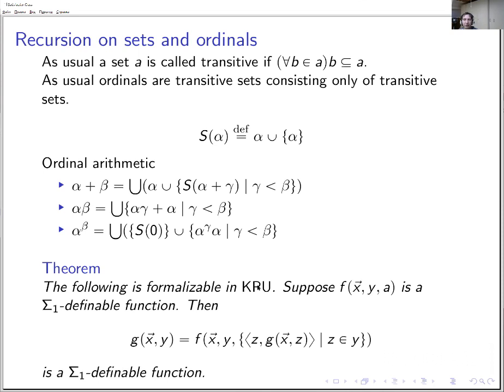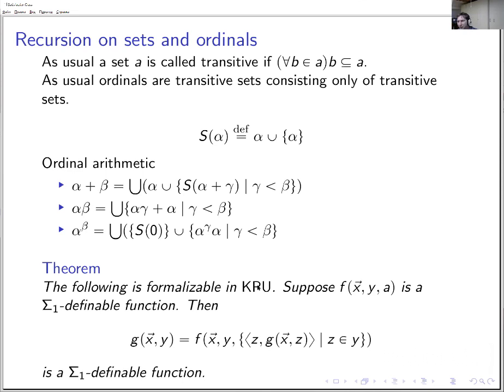So let's start with ordinal arithmetic. First, recall that a set is called transitive if all its members are its subsets. Transitive sets are allowed to have members that are urelements, but all the members that are sets should at the same time be subsets of the transitive set.